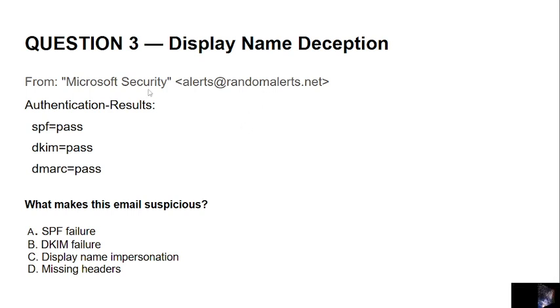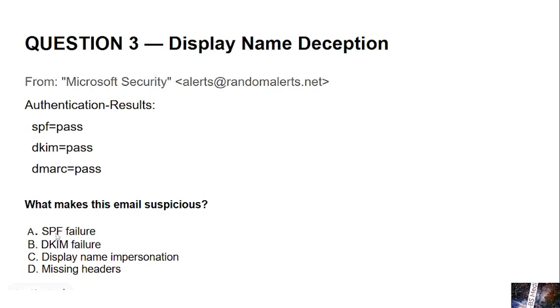But you should be able to detect it. If you detect any anomaly between the display name and the domain from where the email was sent, you should be alert. And you can see the authentication results here. Pass, pass, pass. That's tricking the system.